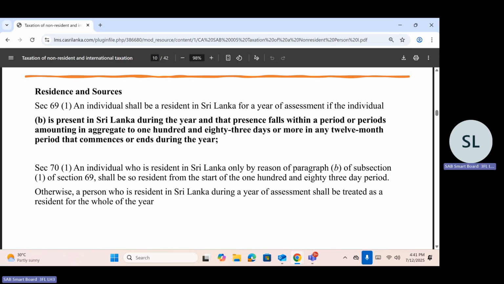So during the year, that 12-month period could commence or end.